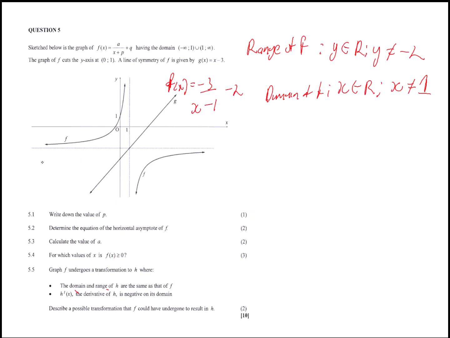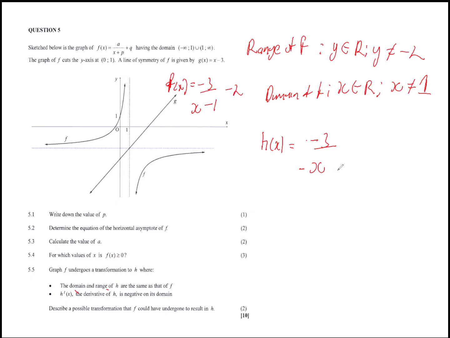Now, if we are to create an equation of h whereby we must still keep the same domain, h will be -3. So let me start by trying to reflect this along the x-axis. I'm just doing trial and error here because most of the time, if this remains the same, it's a reflection along the x-axis.